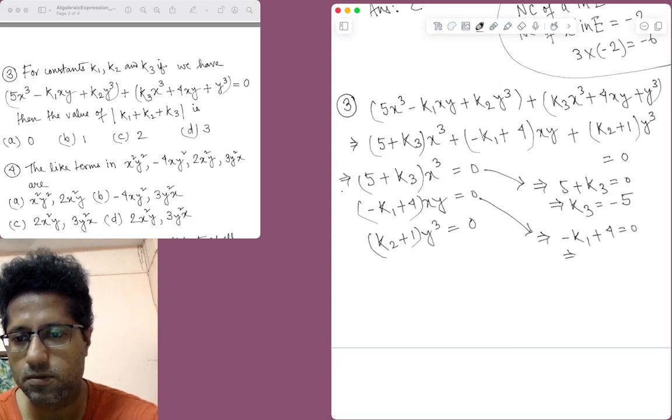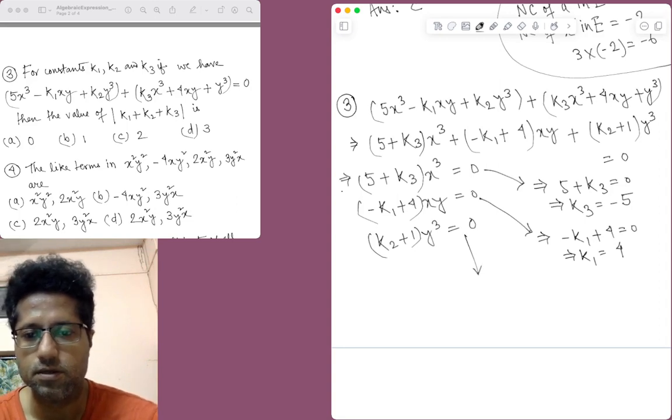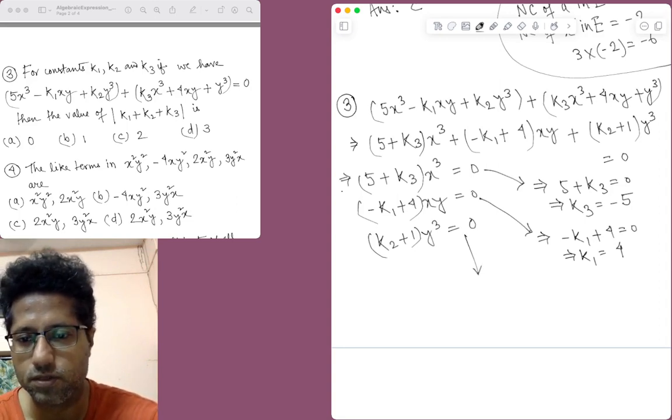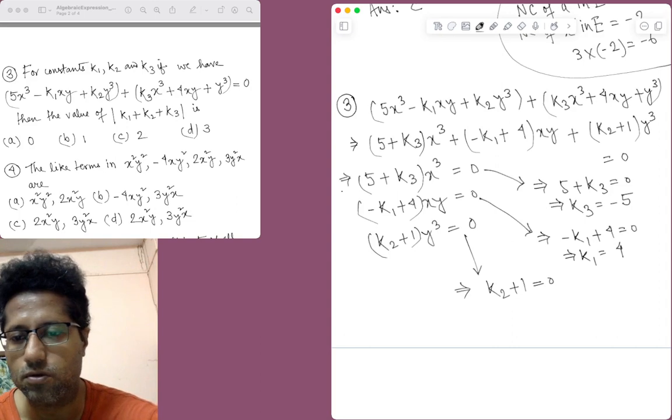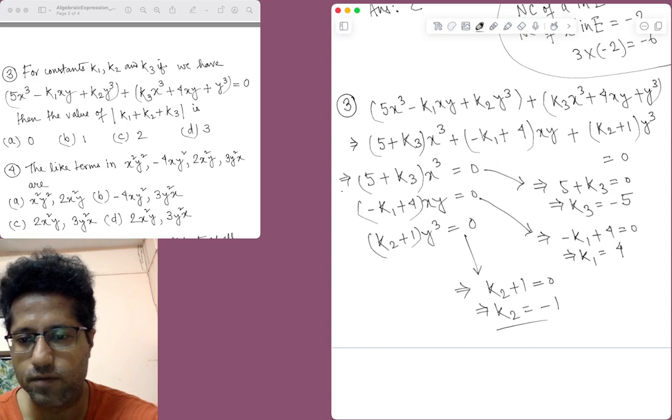This implies k1 equals 4. Now, if this term is 0, then definitely its numerical coefficient k2 plus 1 has to be 0. This implies k2 equals minus 1. So we found out k1, k2 and k3.